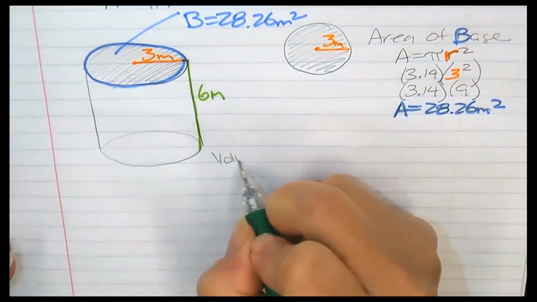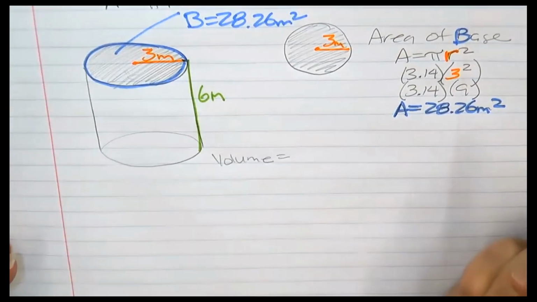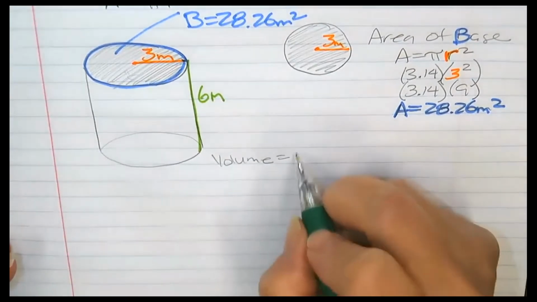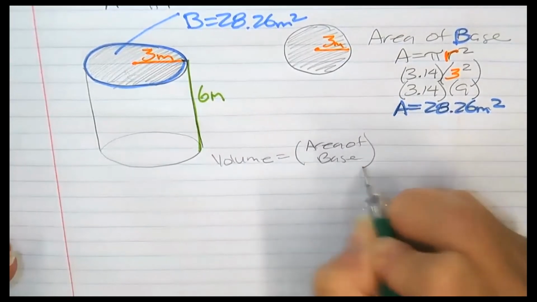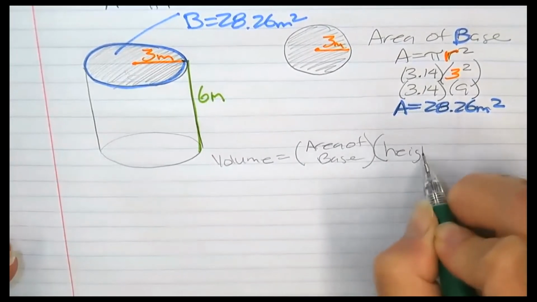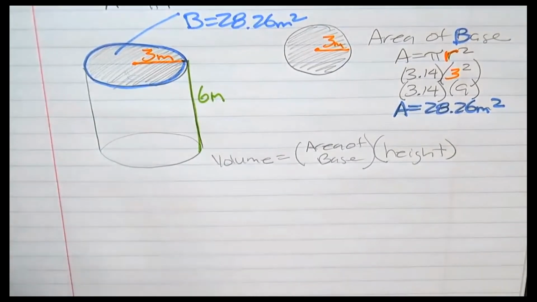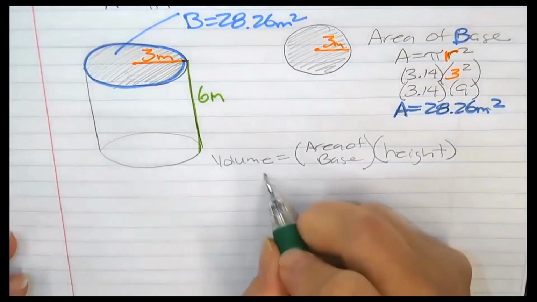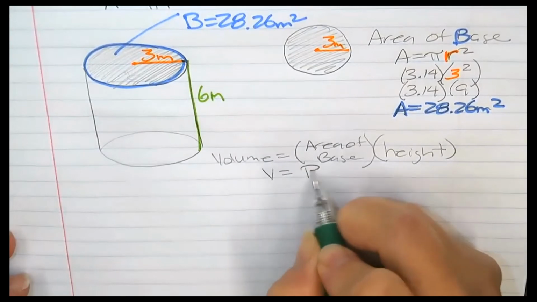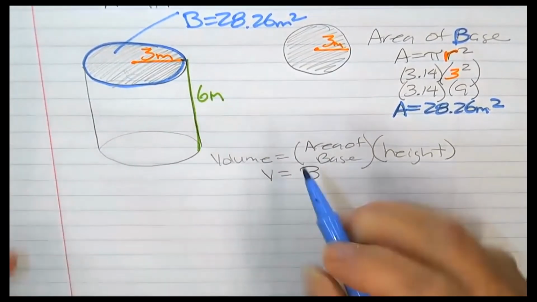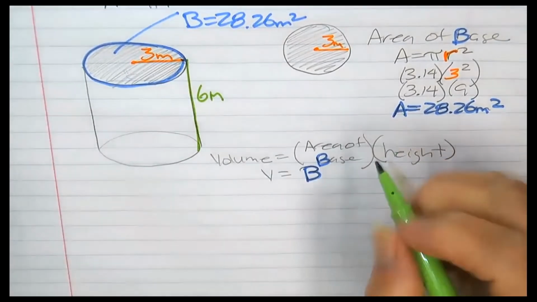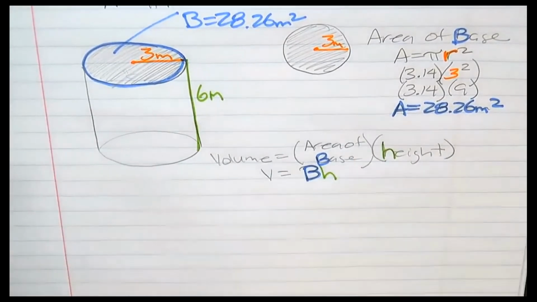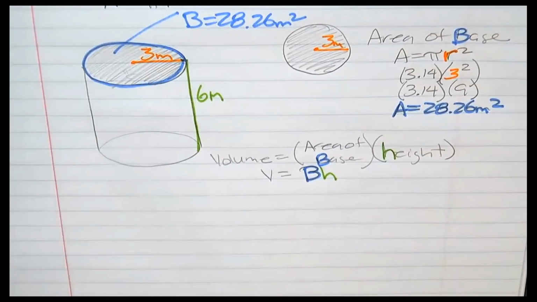Now we can find the volume. So we know that the volume of a cylinder is equal to the area of the base times the height of the cylinder. So now it's just substitution.